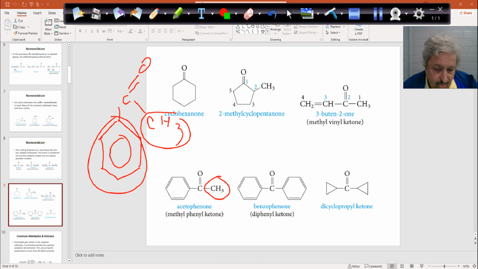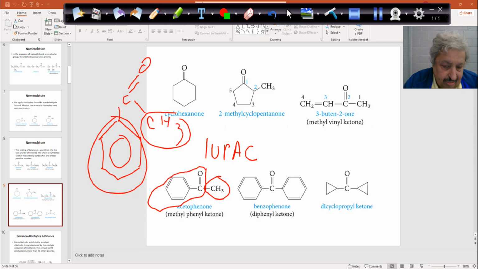So this one here is acetophenone. Acetophenone, correct? This is the IUPAC name given for this.